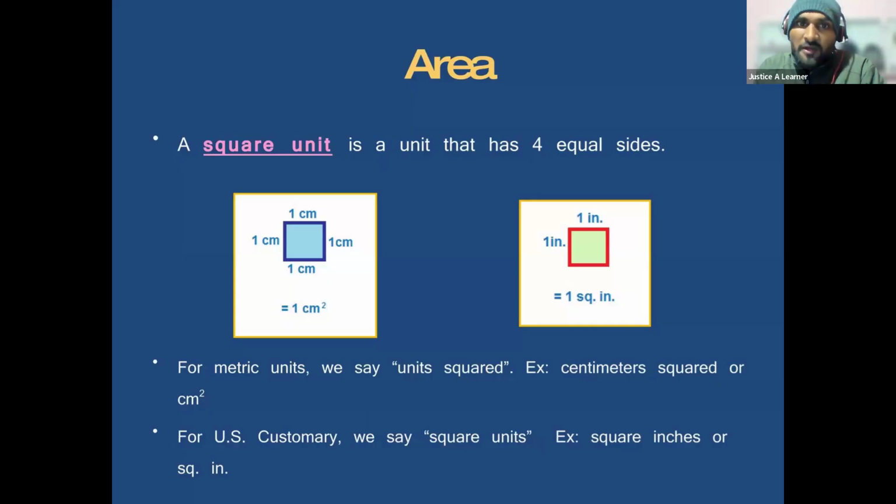So a square unit is a unit that has 4 equal sides. When we are talking about 1 centimeter square, or you may read it as 1 square centimeter, both are okay. Or we may call it 1 square inch, or inch square, right?